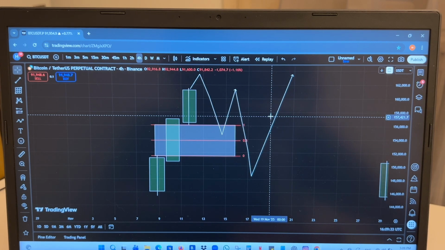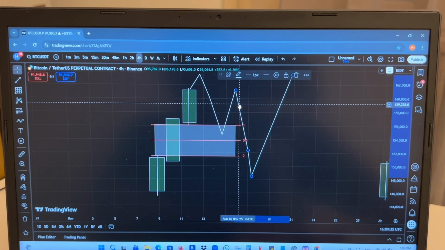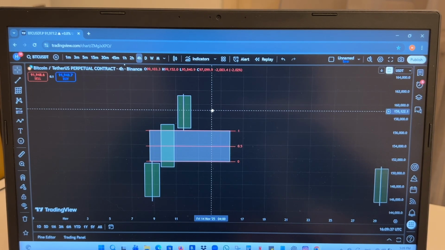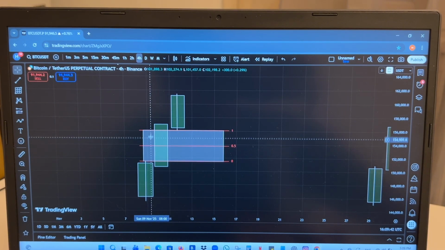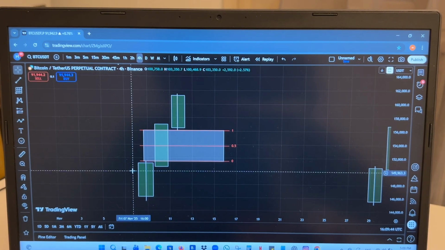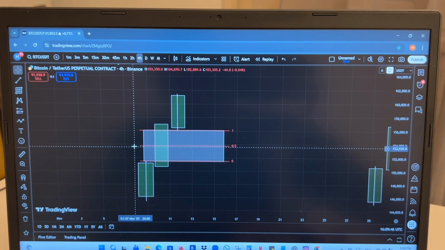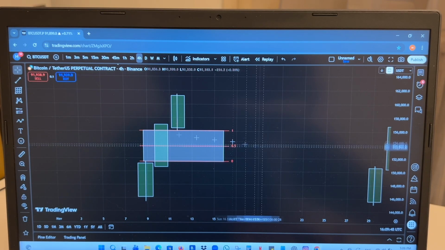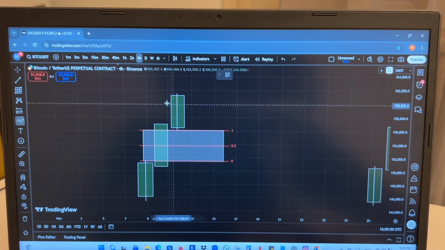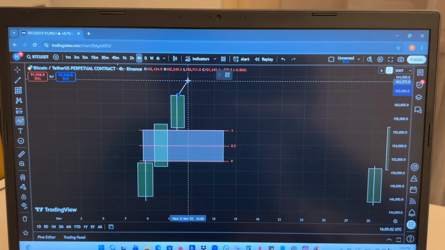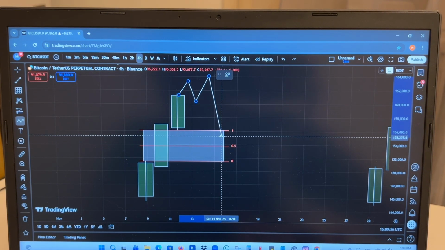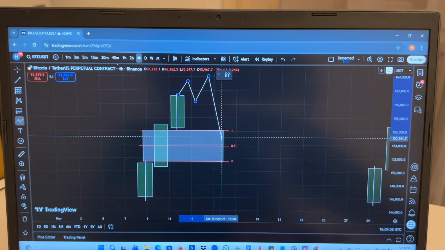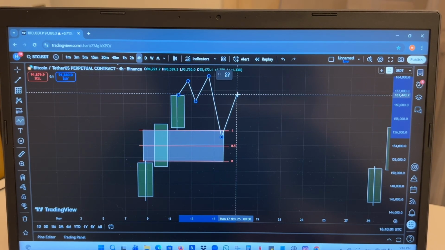So what I'm trying to explain is, let's get rid of these two. Let's say the market is giving us an FVG somewhere over here, and we put the Gann box tool, and now we know where the 0.5 level is. So let's say the market goes up and then comes back down, hits this level between 1 and 0.5 and goes up.